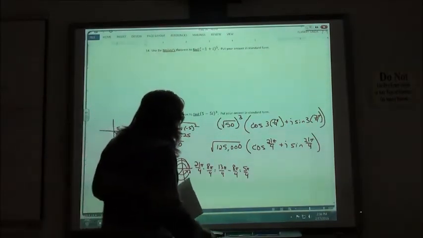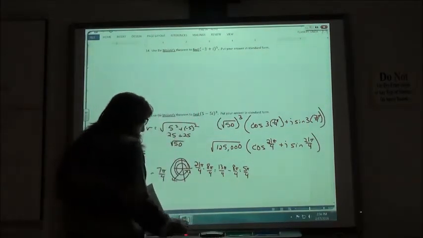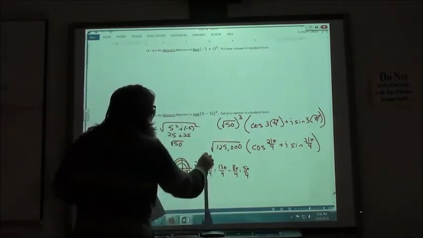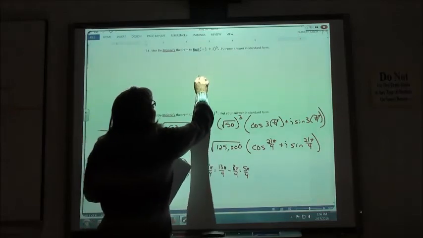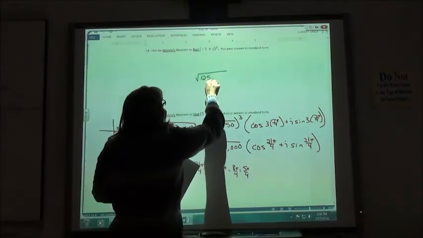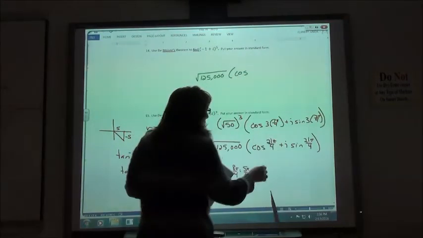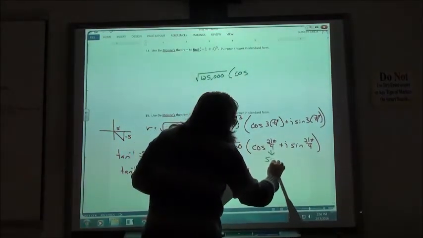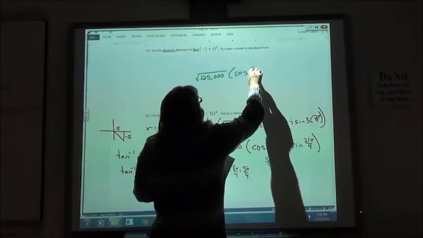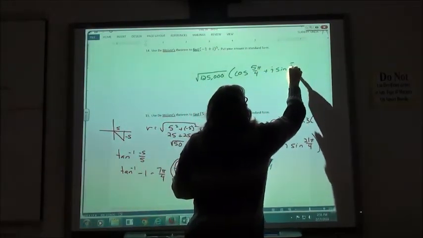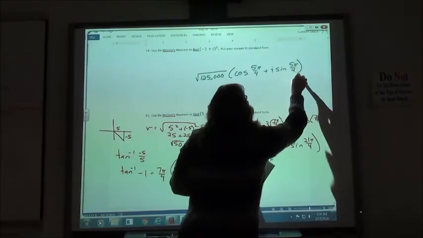Not that that matters. So, just because I have room to scribble up here, I'm going to rewrite this. I'm going to have the square root of 125,000 cosine, and we change this. That is equivalent to 5 pi over 4. So 5 pi over 4 plus I sine of 5 pi over 4.